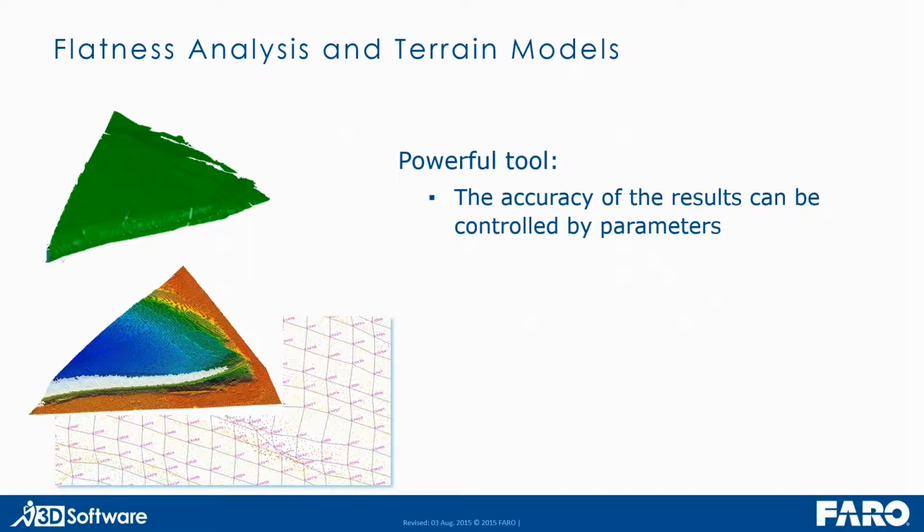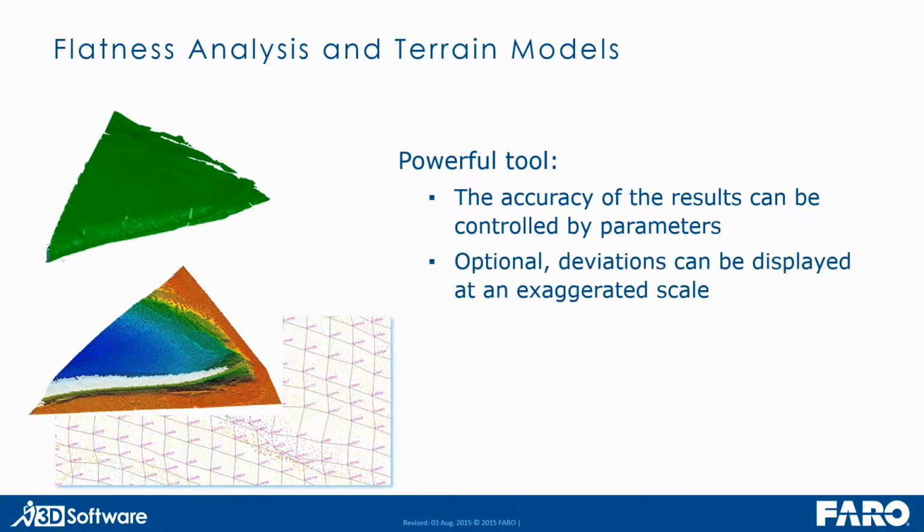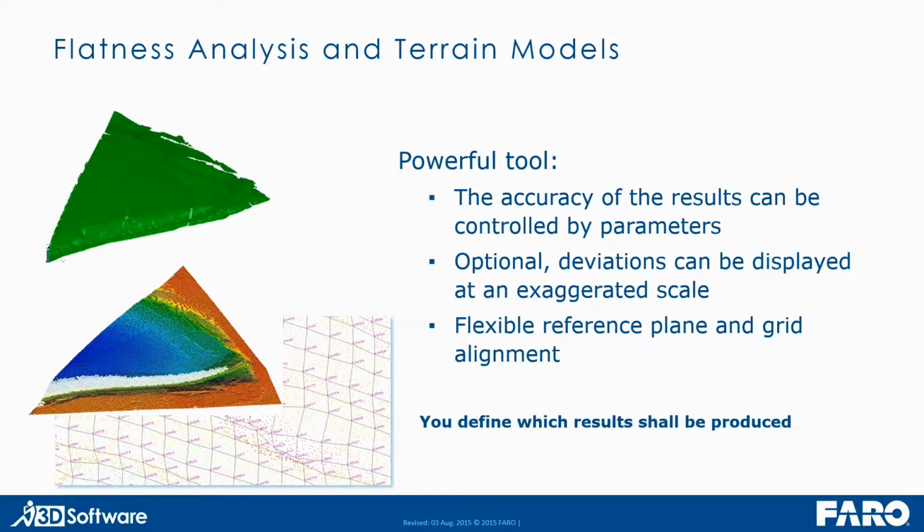You can control the accuracy of the results by setting the parameters in the parameters dialog, and you have options to display the deviations from the reference plane in an exaggerated scale. You can flexibly choose the reference plane and the grid alignment, and it's you who defines which results you want to produce using the flatness analysis tool.